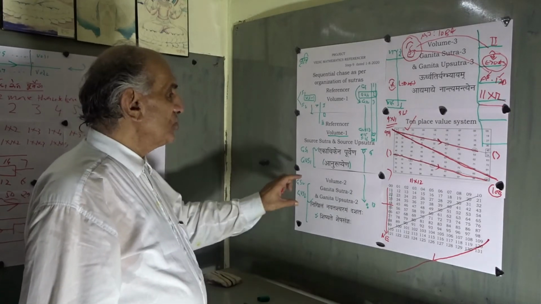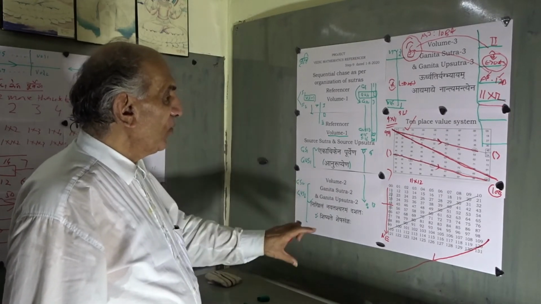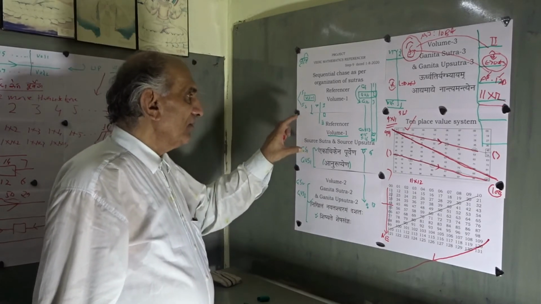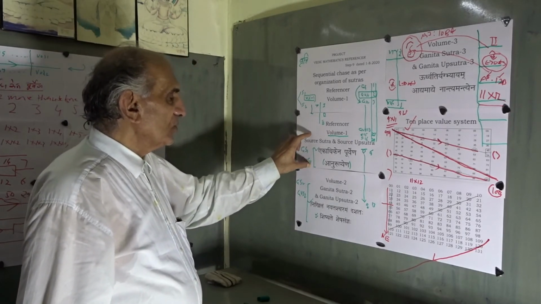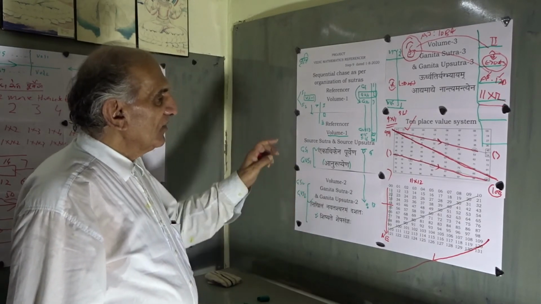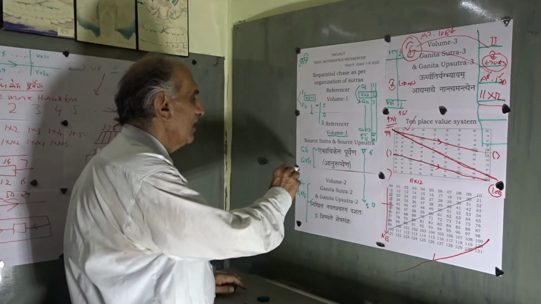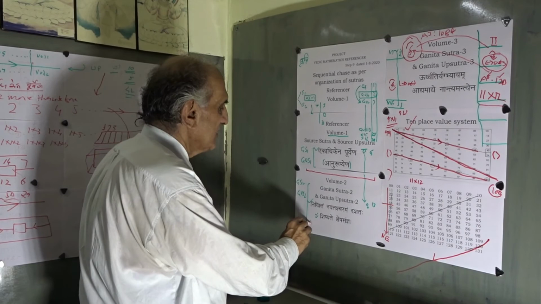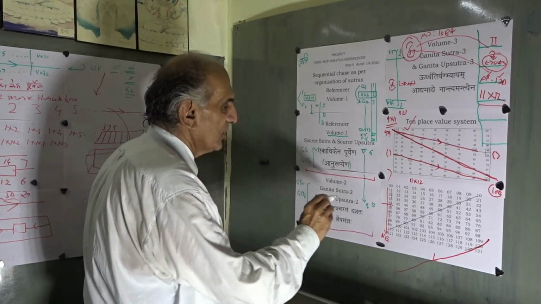Therefore, volume 2 will, on the one hand, provide us a proper transition from Ganita Sutra-1 and Upasutra-1 to Ganita Sutra and Upasutra-2, and simultaneously it will have a boundary line, a separation line for the mathematical domains of the Sutra 1 and Sutra 2 stages.